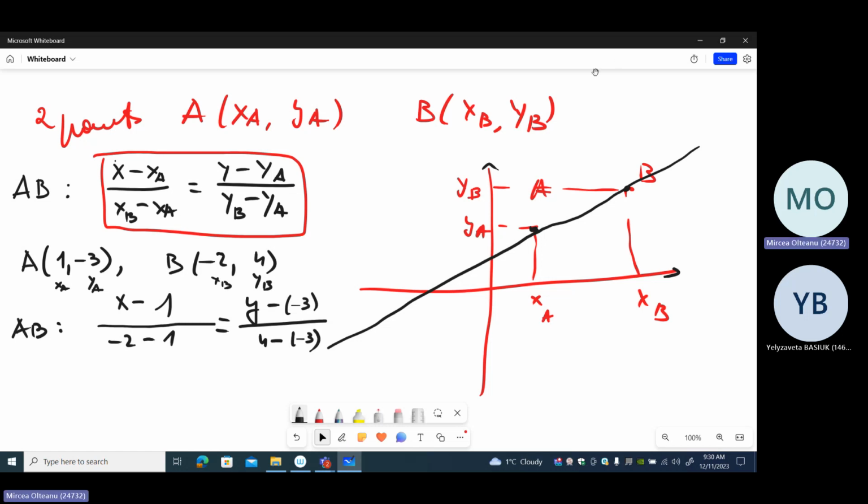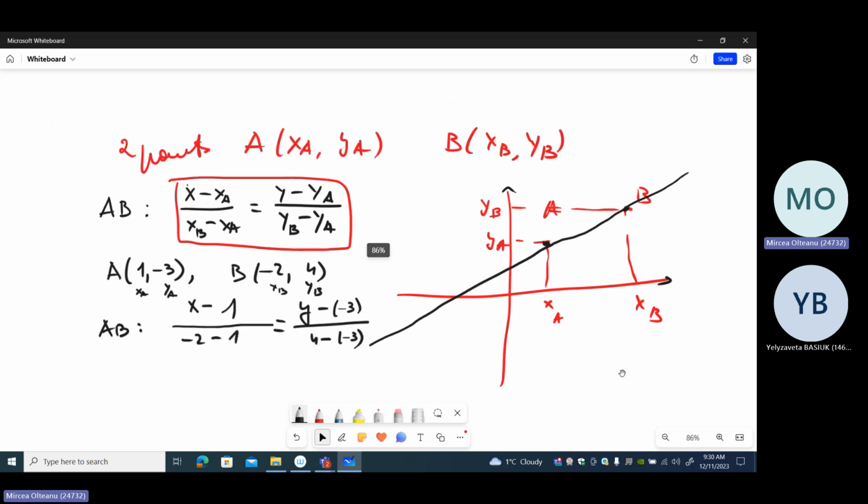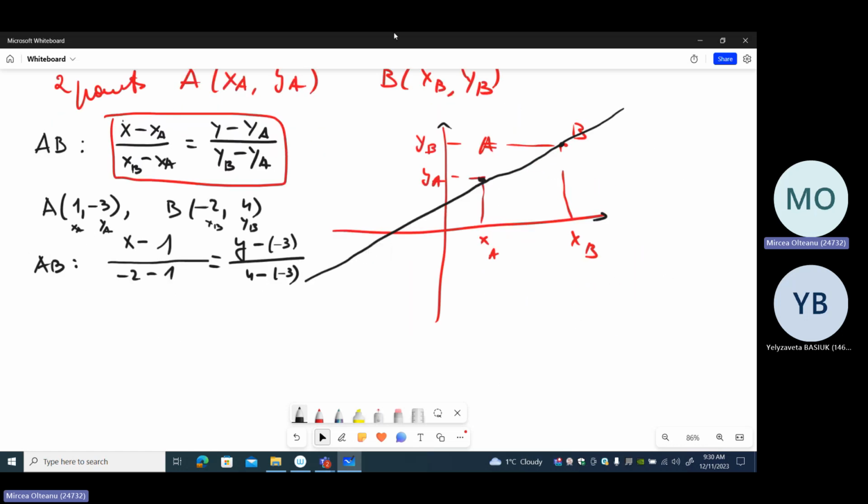And now we make the computations and we get the equation of the straight line AB. So it's (x minus 1) over minus 3 equals (y plus 3) over 7.